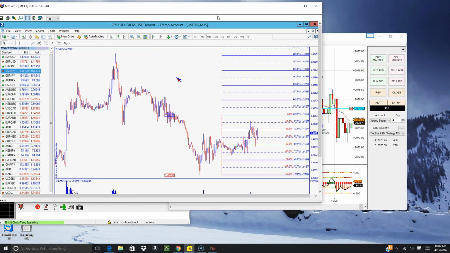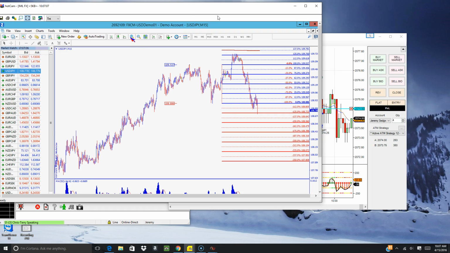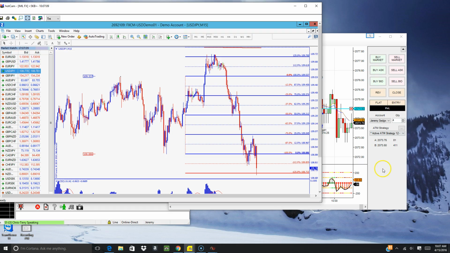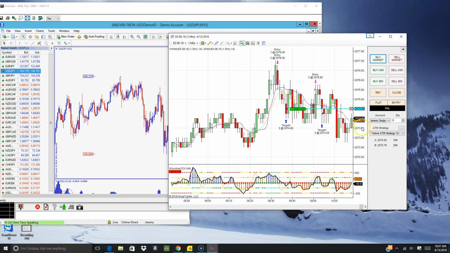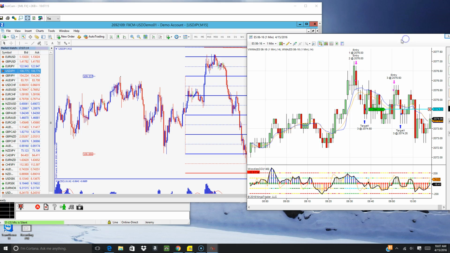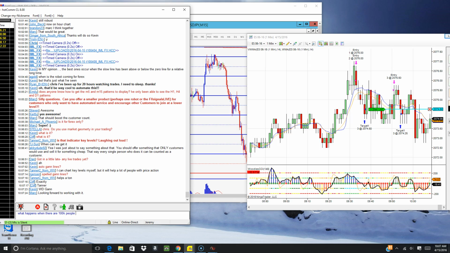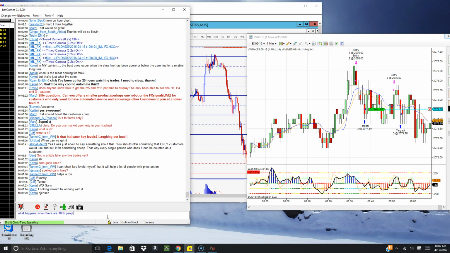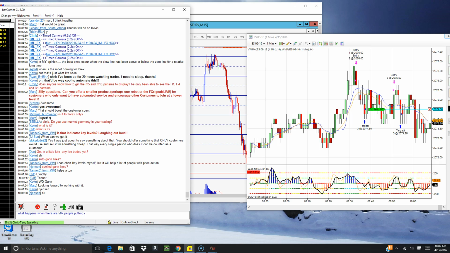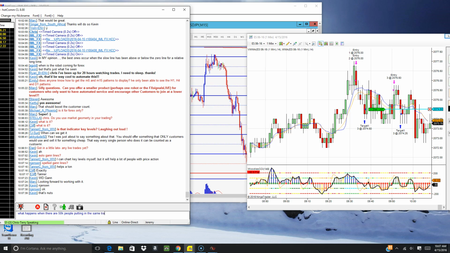This is straight up WD Gann stuff, man. It's all automated. It's crazy. All automated. No, that's not Gann lines. This is a whole different model.